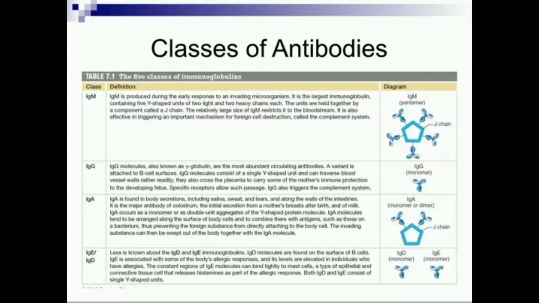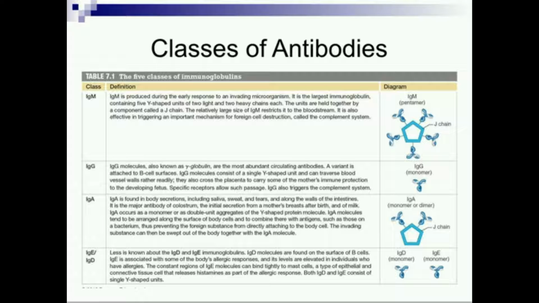IgG exist as monomers, and they're part of the secondary immune response. And so that means that when IgM is initially made to combat the initial exposure to an antigen, you have these cells which are called memory cells. That's not that important. But memory cells, they remember that antigen. And they make IgG, which is a monomer, in preparation in case that antigen comes into the system again.